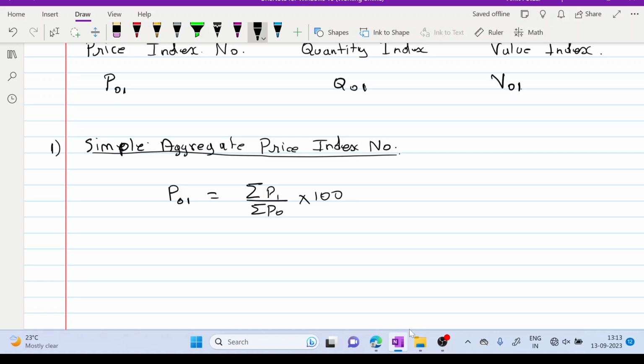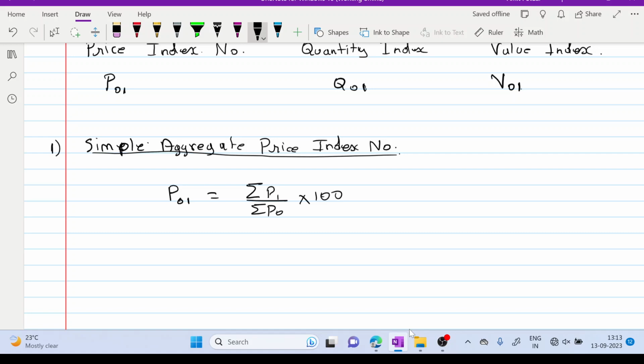If you're finding the relative of anything, you always divide the current value by the original value. So the relative of P1 and P0, without the summation, will be P1 upon P0. That's called a relative.